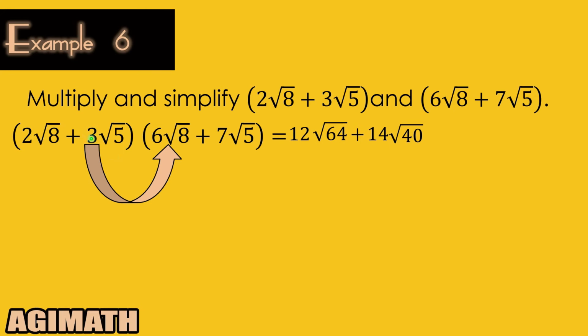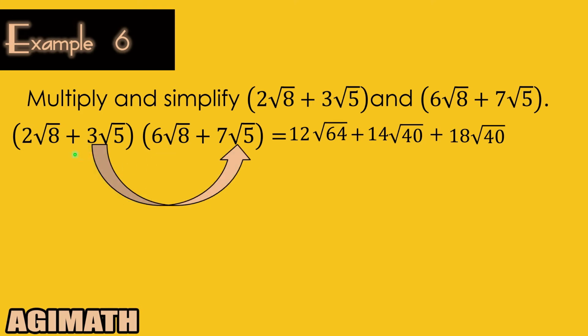So we have 3 times 6 is equal to 18. Since the order is the same again, we can multiply 8 and 5, so that is square root of 40. And proceed to L, the last terms. Last for the first binomial, last for the second binomial. And then 3 times 7 is equal to 21. And 5 times 5 is the square root of 25.